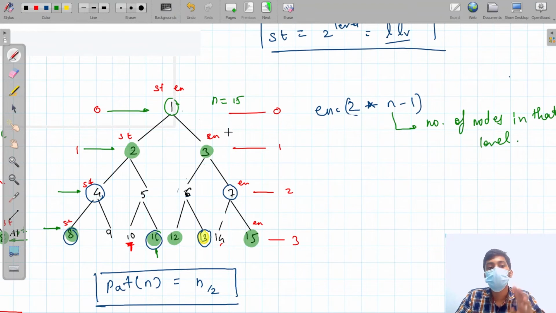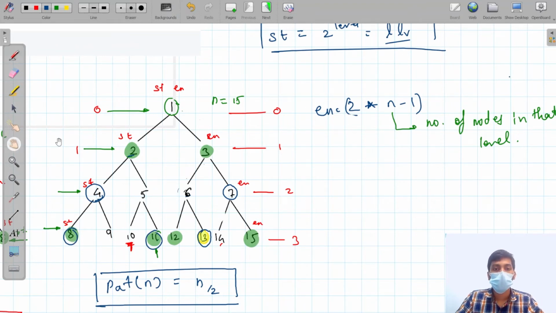For this level there are going to be 2 nodes, and this 2 is our last level value, that is the starting point. In this level there are only 4 nodes, 4 5 6 7, and this 4 is the starting point. For this there are going to be 8 nodes, and the starting point is going to be 8.